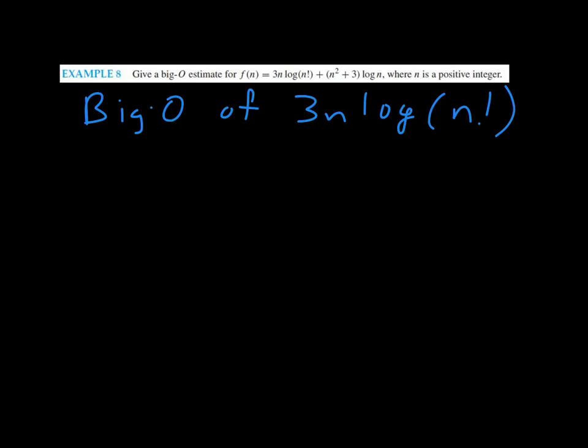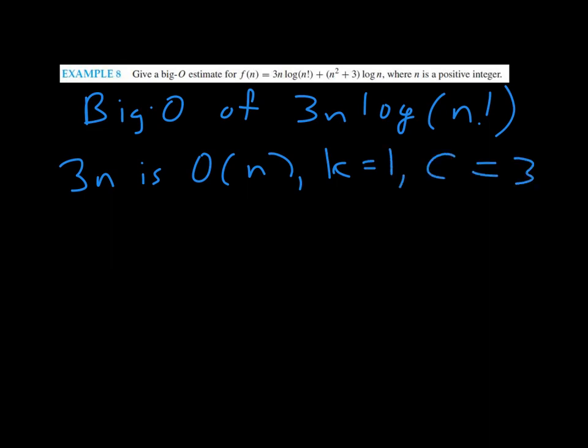It's immediately clear that 3n is big O of n by taking k to be 1 and c to be 3. It just follows straight from the definition. And one of the ones that we just worked out was that log of n factorial is big O of n log of n.